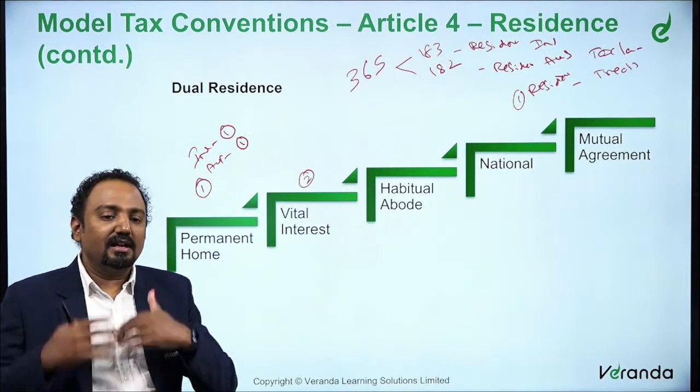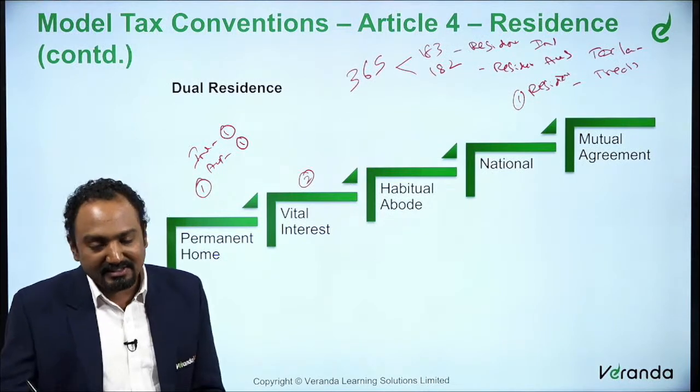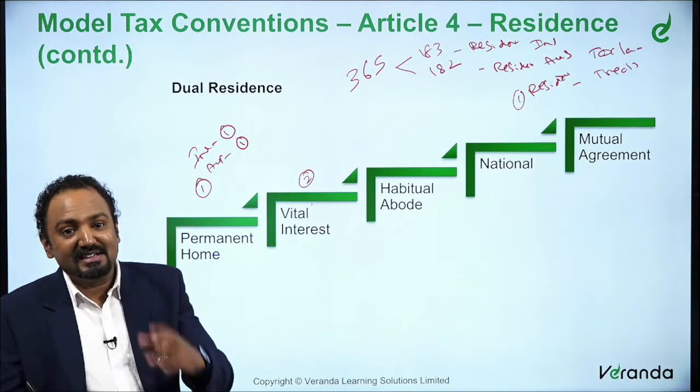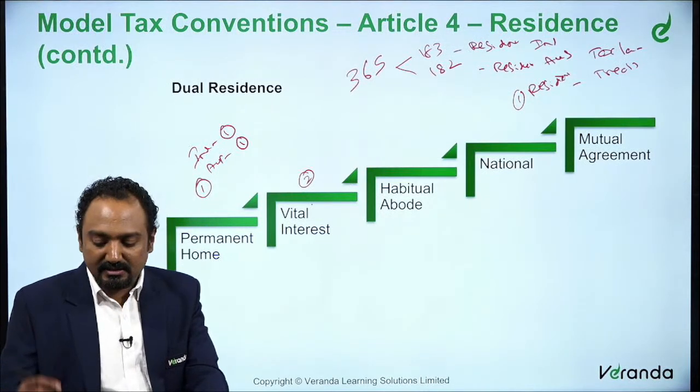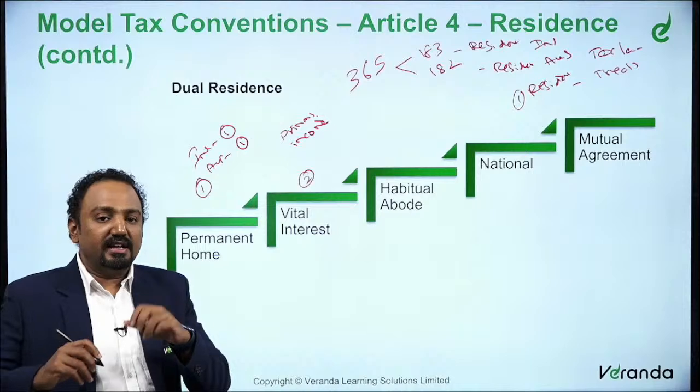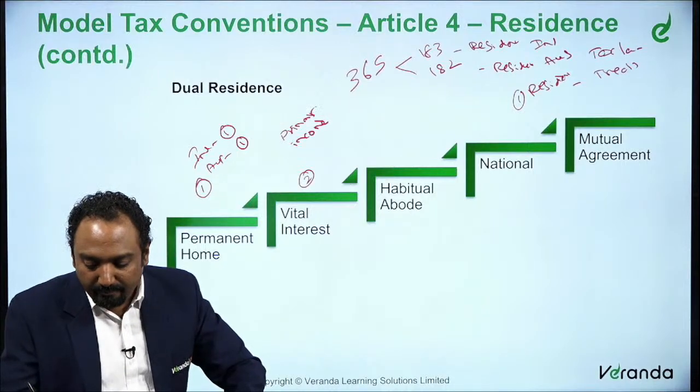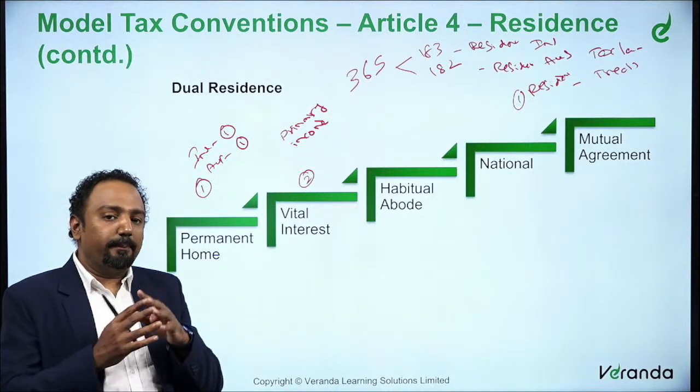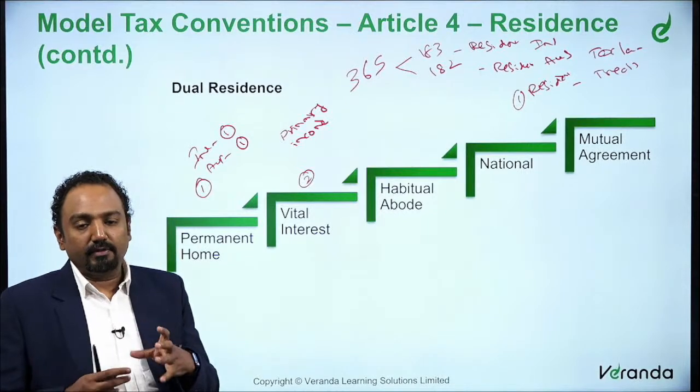Now you are not able to decide in which country you are a resident. The second condition is about the vital interest. When you say vital interest, it is about your primary income source. In which country do you receive this primary income? Where is the primary income source located?